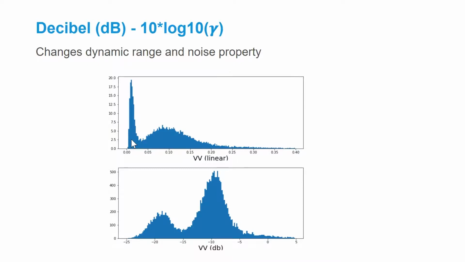As you can see, the distribution over water is kind of squashed because it's very small, and you have this very asymmetric distribution of noise in the data. But if you do the log transformation, it expands and changes that distribution, and your noise is much more symmetrical. If you run a statistical model, a lot of the time your model would assume that you have symmetric Gaussian noise, for example. So it would be more appropriate to use the log scale signal in your analysis rather than the original intensity ones.